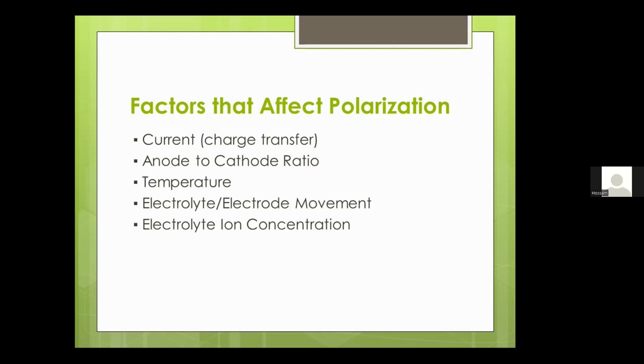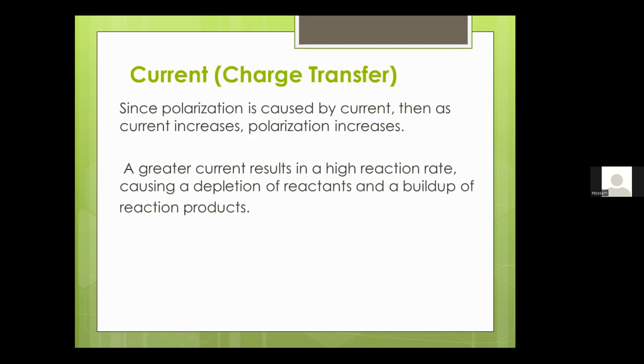We will talk about them one by one. Current: since polarization is caused by current, as the current increases, polarization increases. A greater current results in a high reaction rate, causing depletion of reactants and buildup of reaction products.